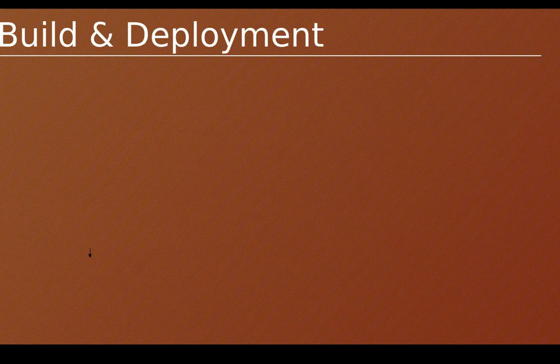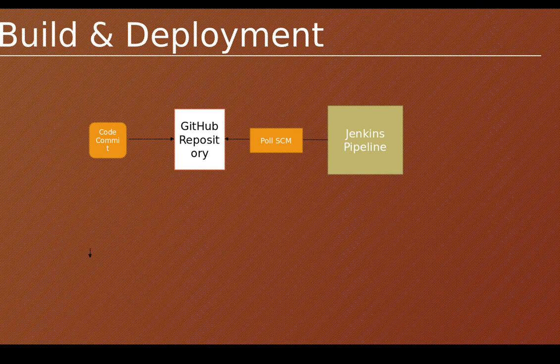As we discussed, the developer commits the code into the Git repository. After that, there is a mechanism we can configure for how to check for changes. Poll SCM is one mechanism, where it keeps checking whether any new commit has happened. If any new commit happened, it will start the build process.